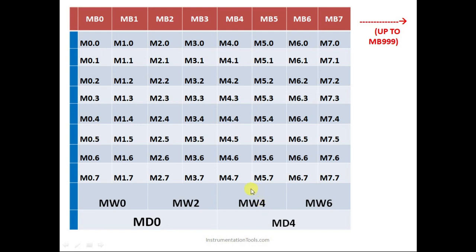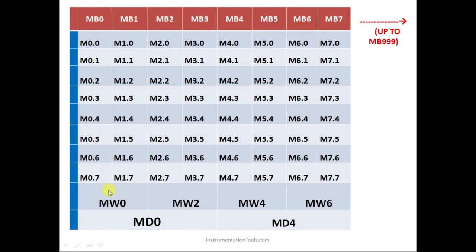Similarly, now we will move towards the memory double word. We know that the combination of two words is called a double word. Basically the combination of 4 bytes is also known as a double word. So here MB0, MB1, MB2 and MB3 are all forming a group of 4 bytes.